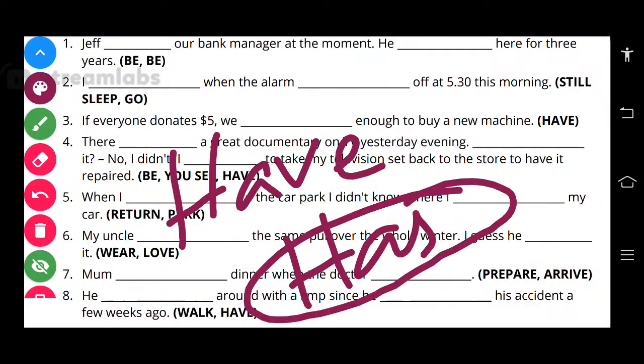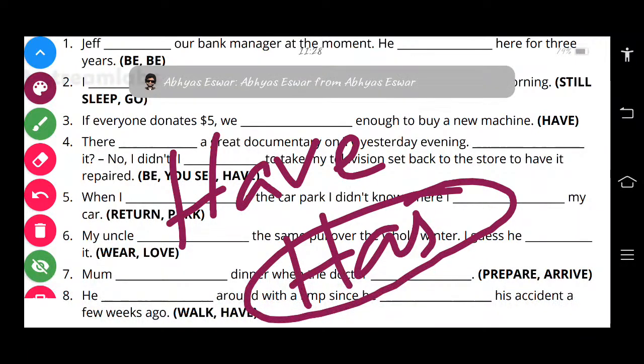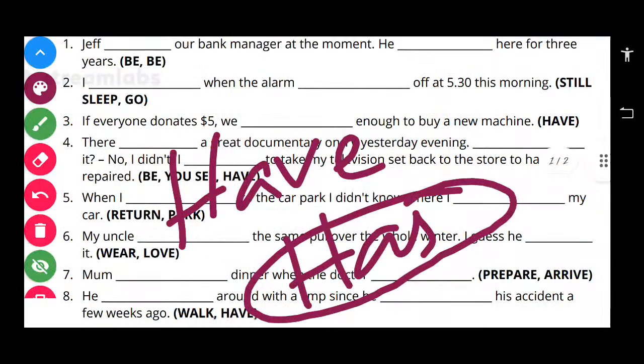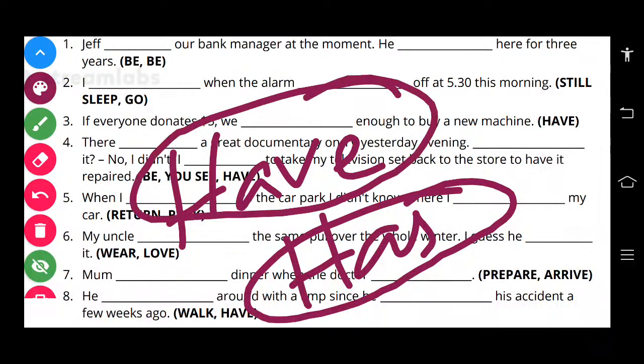We generally use has along with singular subjects. Singular subject means singular noun or singular pronouns, like he, she, it, or Ramesh, Raju, Behara. But when it comes to the usage of have, we use it along with plural subjects besides I.